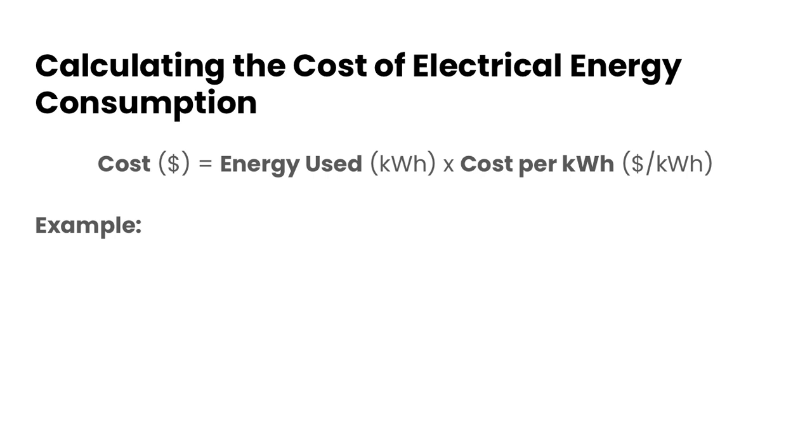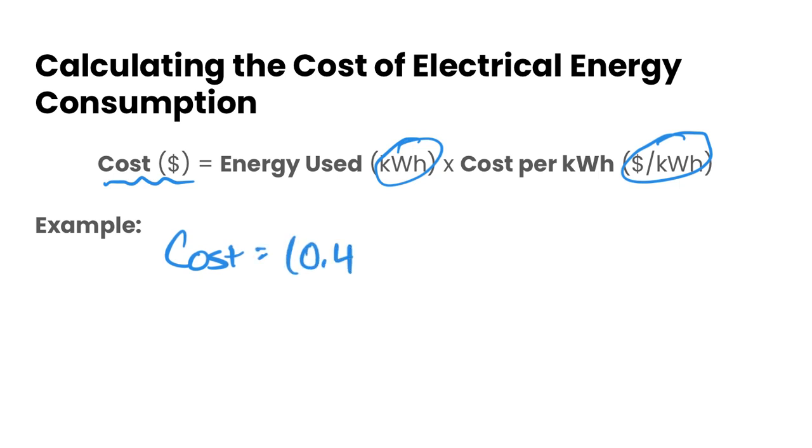Now, if we know how much energy is used in kilowatt hours, and we know the cost per kilowatt hour, we can figure out the total cost for using that device. So going back to our microwave, let's say we want to find the cost, and we know that we've used 0.4 kilowatt hours for that half an hour of use, and it costs $0.08, which is 8 cents per kilowatt hour.